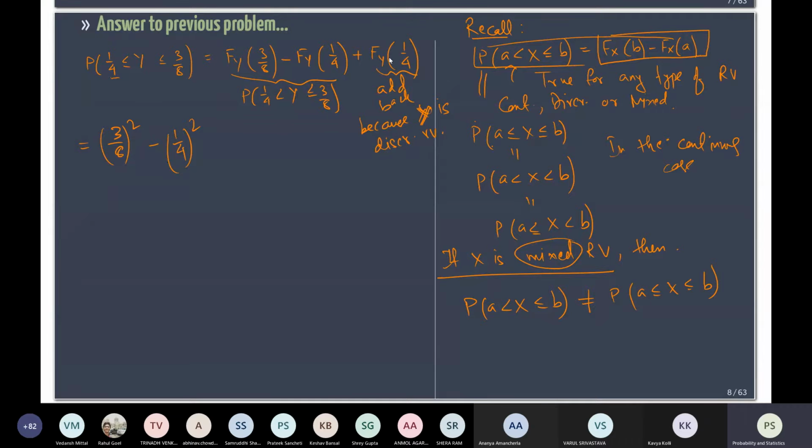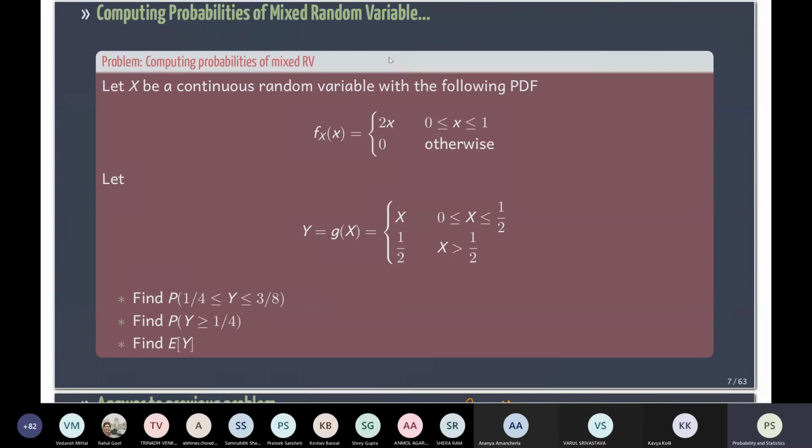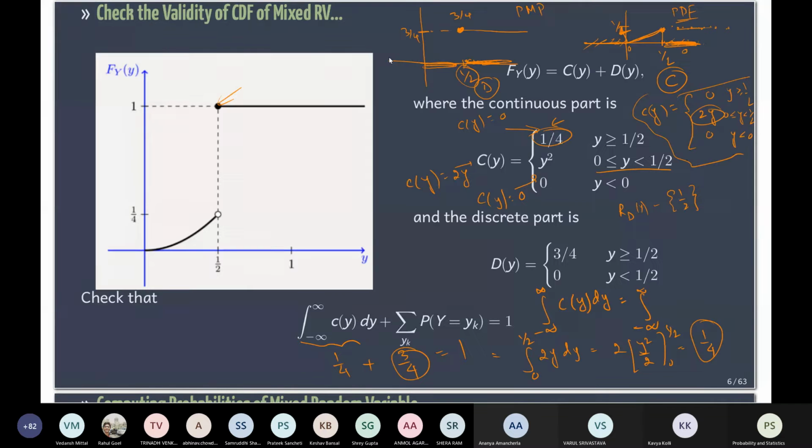And the point F_Y at exactly 1/4. This is in the continuous case, so this is in the region of the continuous part, so it's going to be 0.